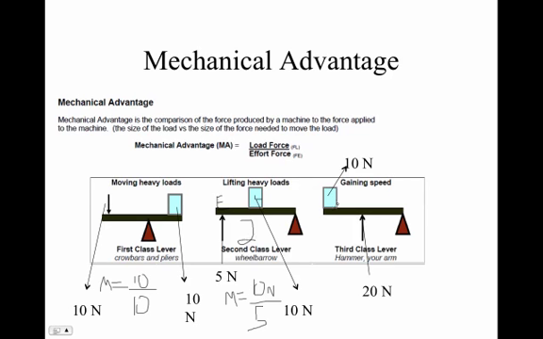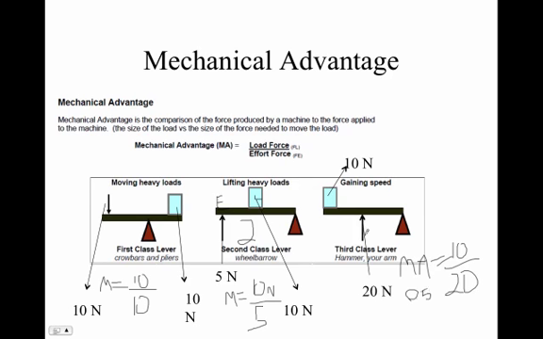And let's look at a class 3 lever. The load is 10, our effort is 20, so let's find our MA. MA equals 10 divided by 20, that's 0.5. 0.5. Whoa, what does that mean?